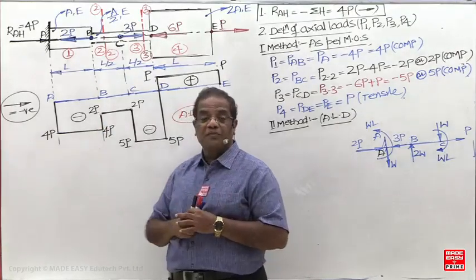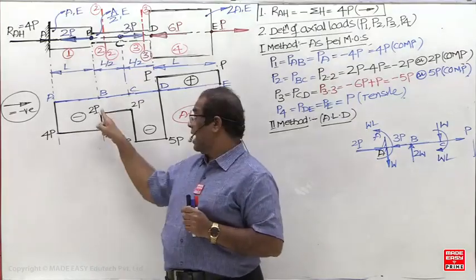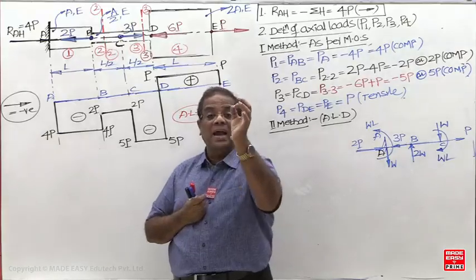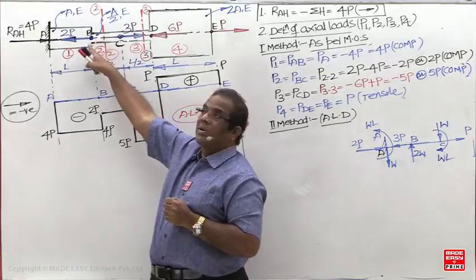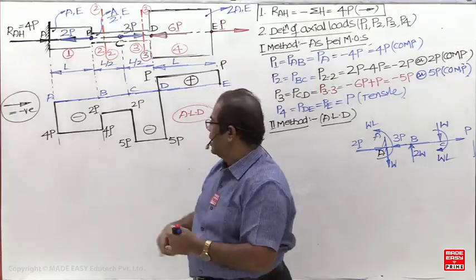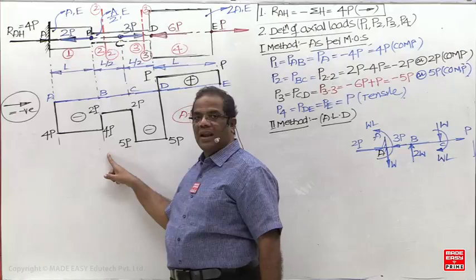Some students are getting confused. Clearly see, this height will give the magnitude of the applied axial load at B. At B, how much axial load is applied? 2P, that's all. But what is the axial load at B? The larger of these values.